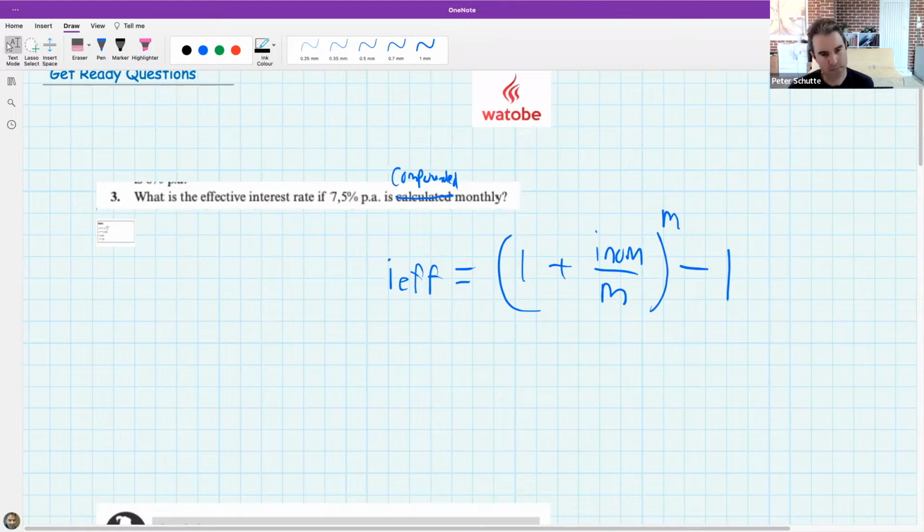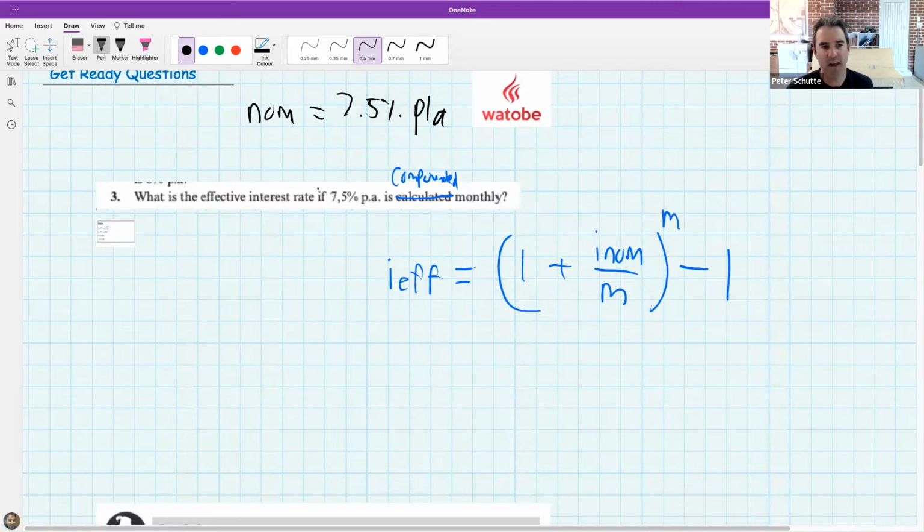For the question, it says, what is the effective interest rate if 7.5% per annum is compounded monthly. What do they mean by compounded monthly? They mean that, okay, if 7.5% per annum is compounded monthly, basically what the question is saying is the nominal rate is 7.5% per annum, per year.